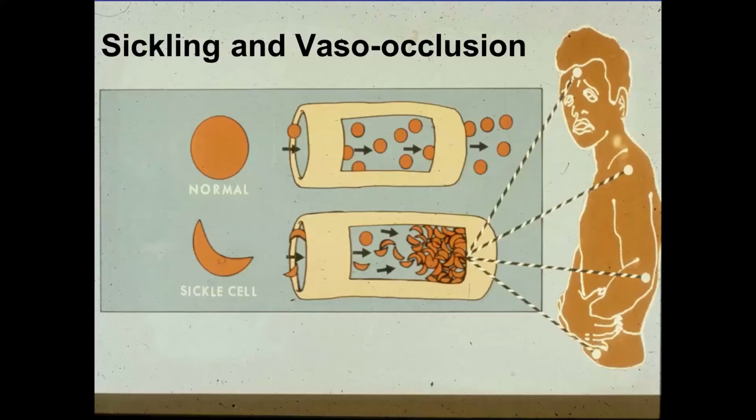Now, the issues that are caused by the vaso-occlusion or the blockage of blood flow, I think are nicely depicted by this cartoon, which demonstrates that normal red cells are nice and round and they're slippery and easily deformable and they flow smoothly through the blood vessels.